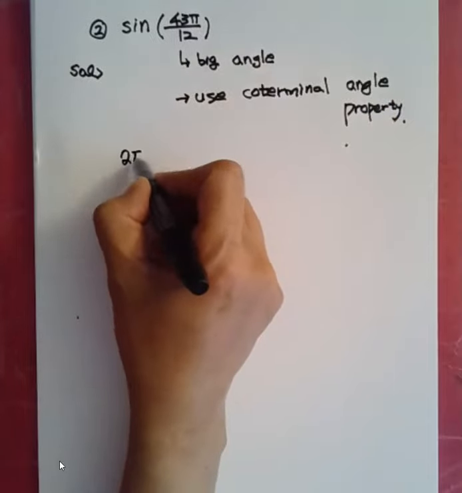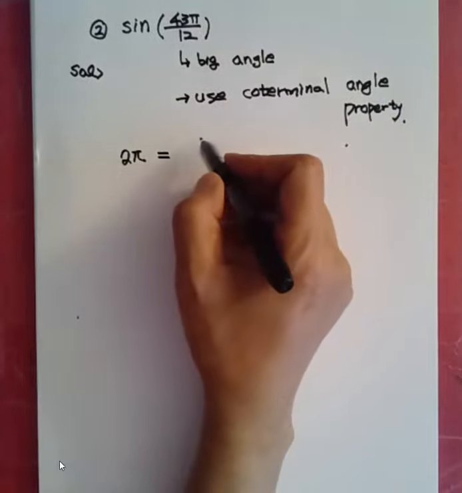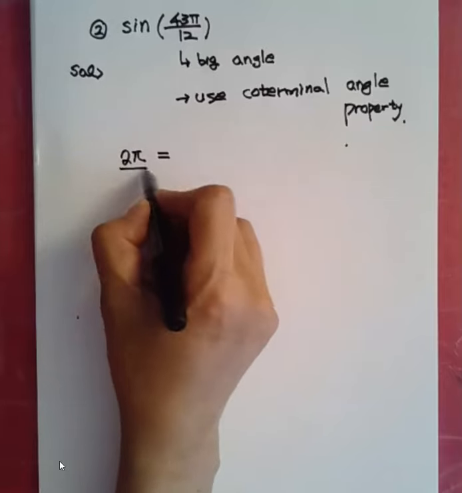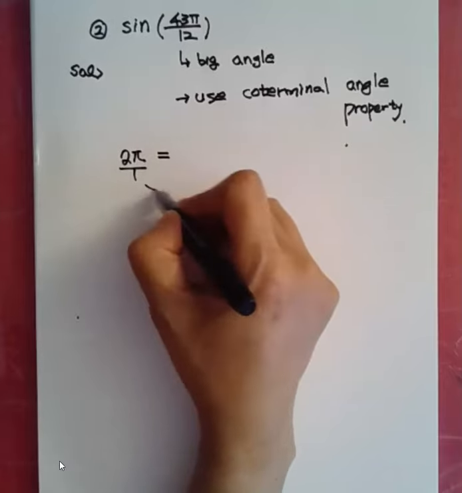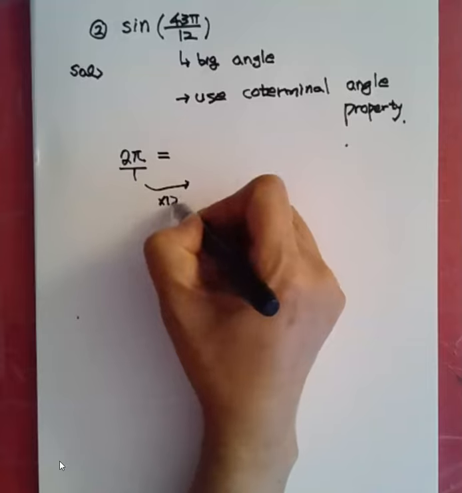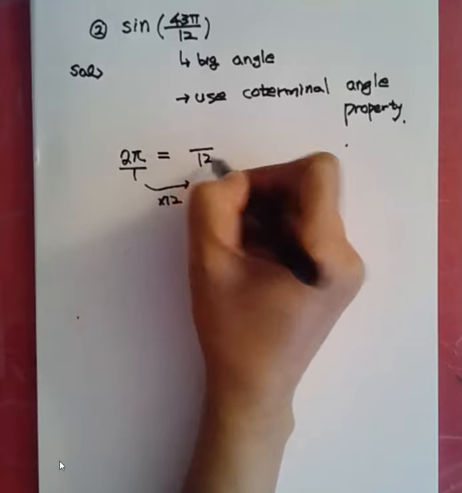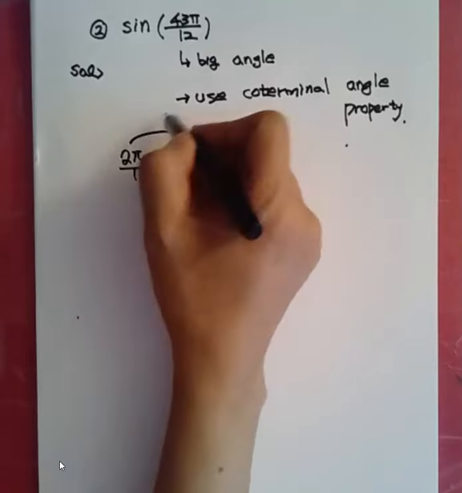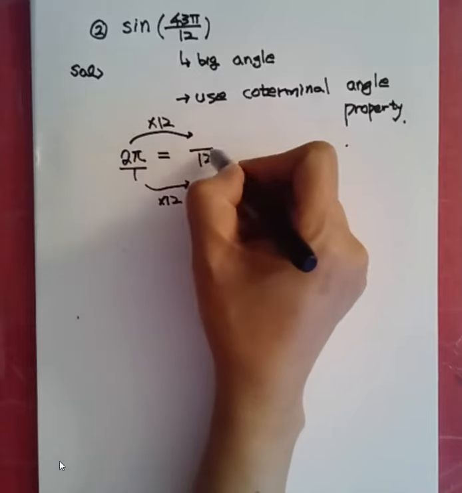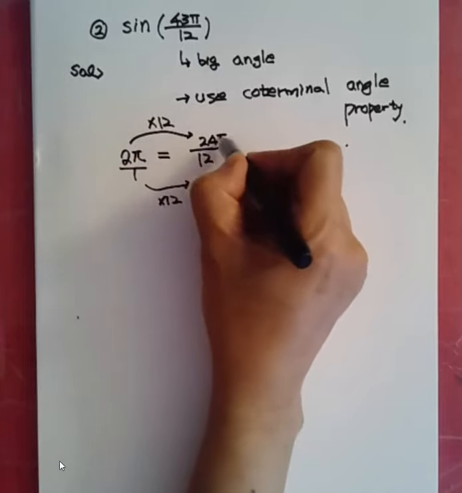Let's write 2 pi as a fraction over 12. The denominator is 12 and the numerator is 24 pi.